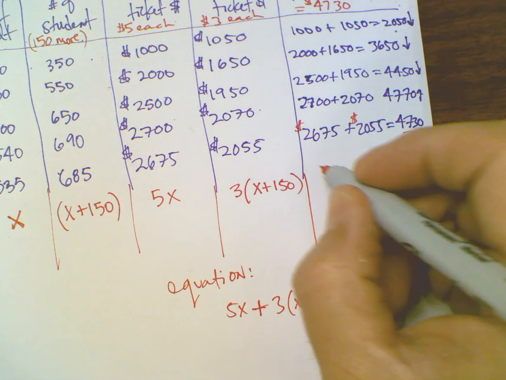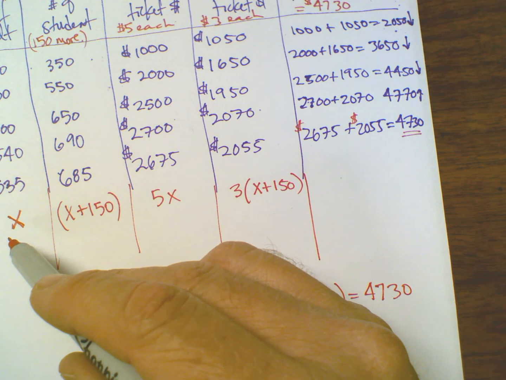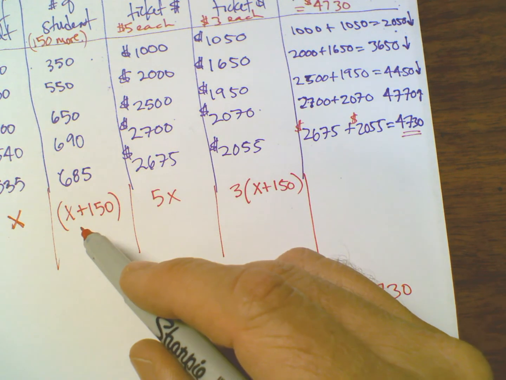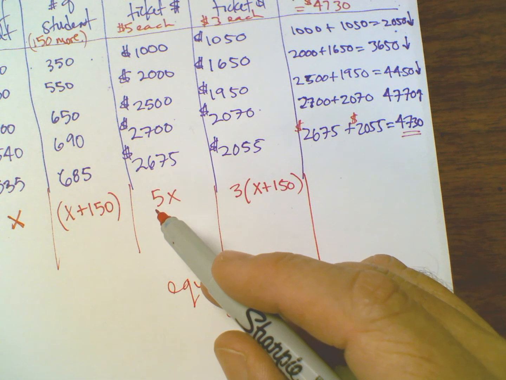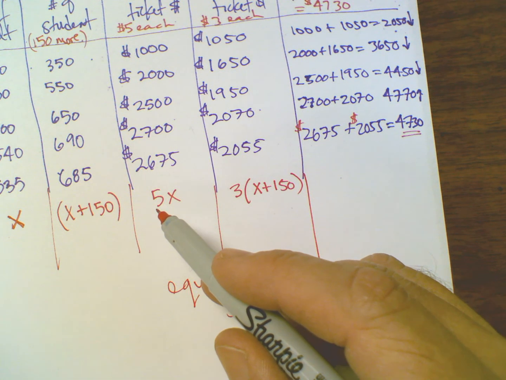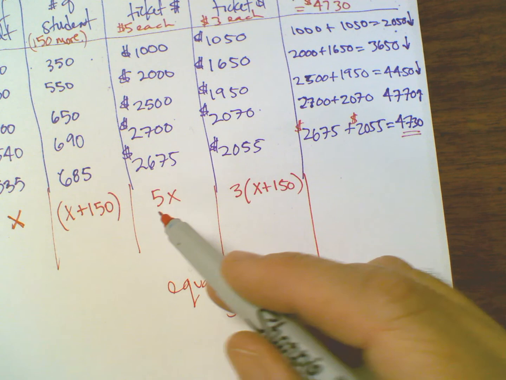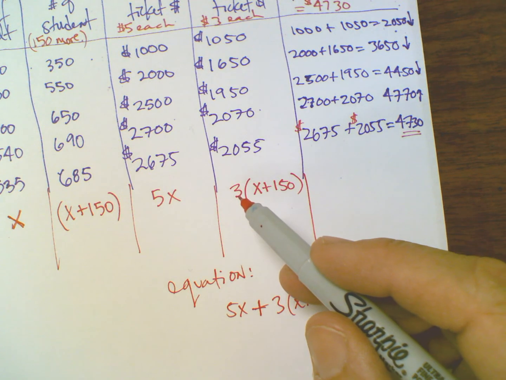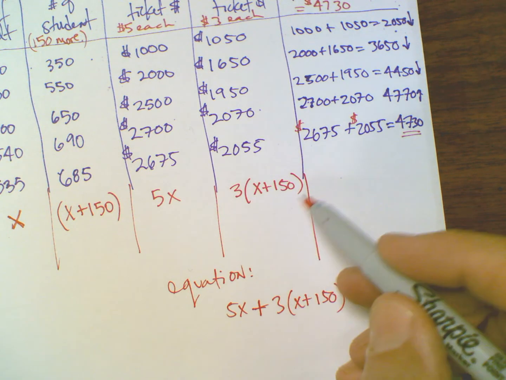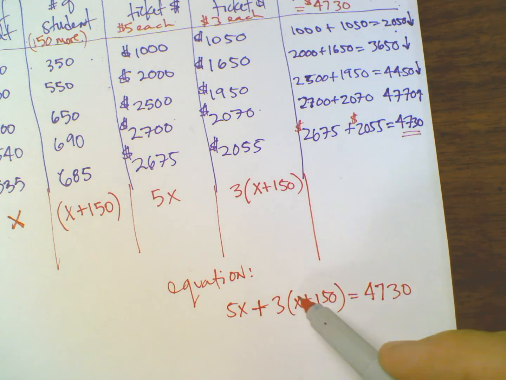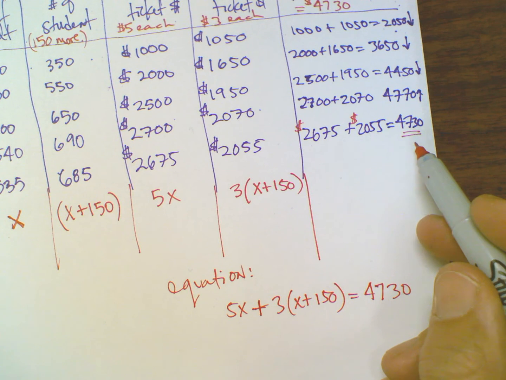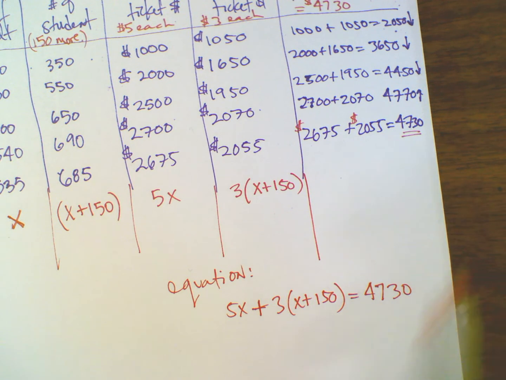Okay, so it was starting with the x plus 150 to find the number of students, multiply each x, which is each adult number, by the $5 amount, and then multiply each student amount, the number of tickets, by the $3, add those two up and set it equal to what I wanted. That's my equation.